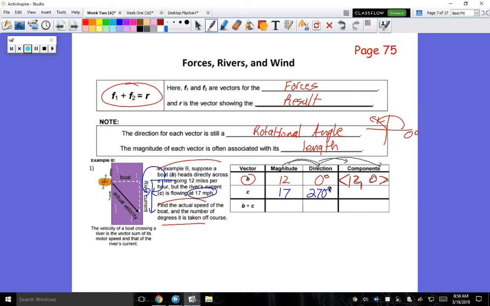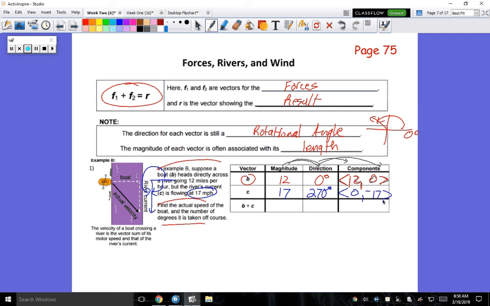Okay? And we're trying to find what are the components. Okay? So the components are going to be 17 times the cosine of 270, and we get 0. Okay. And we're going to do 17 times the sine of 270, and we get negative 17.